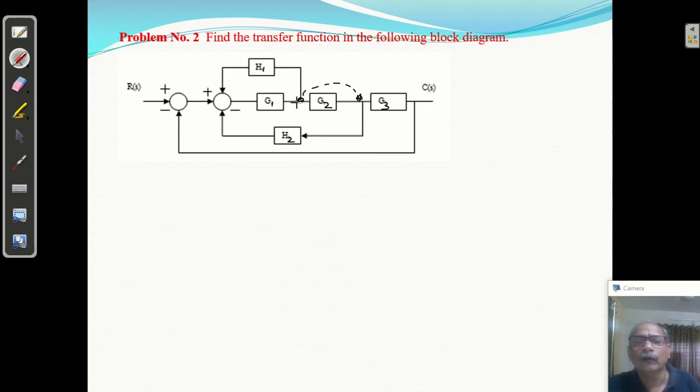beyond the block. When you shift beyond the block, this will be divided by G2. Okay, and these two will come in cascade. So I'm going to draw it. R of S is a negative feedback.